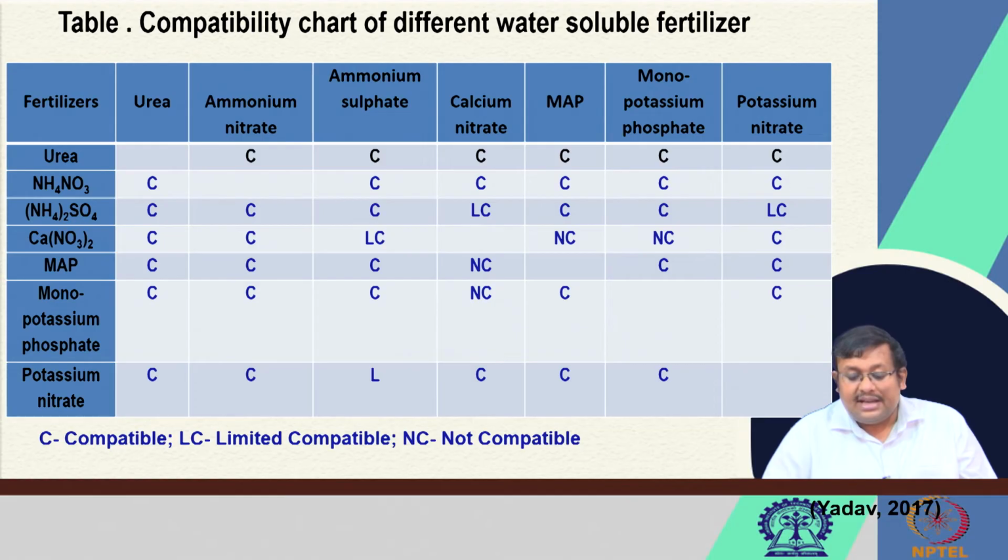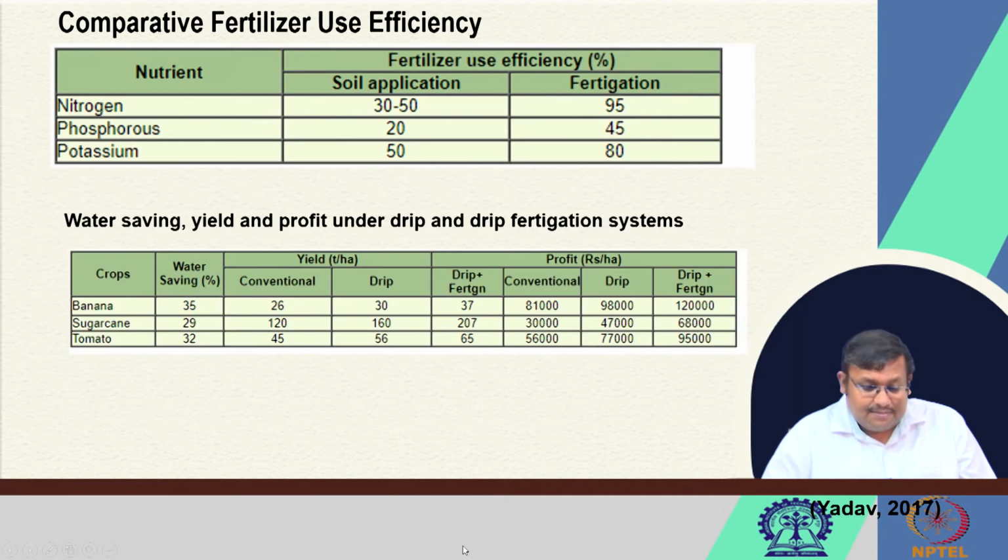Similarly, monoammonium phosphate is not compatible with calcium nitrate, and monopotassium phosphate is not compatible with calcium nitrate. And limited compatibility we can see between calcium nitrate and ammonium sulphate. So, this table helps us to see what should be the ideal combination of different soluble fertilizers which we should use for fertigation purposes.